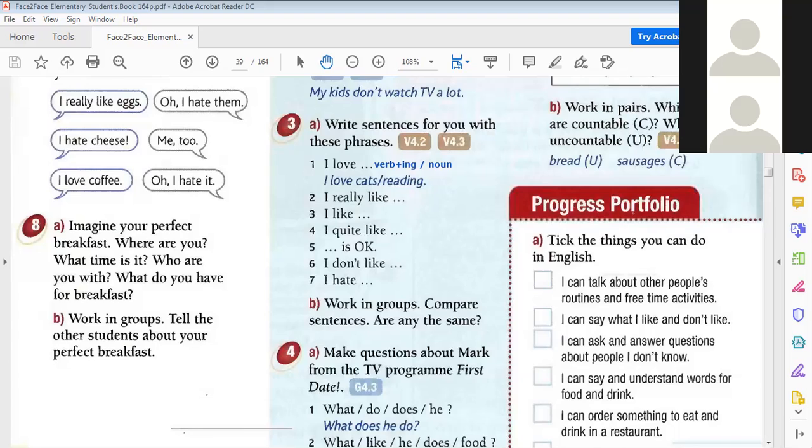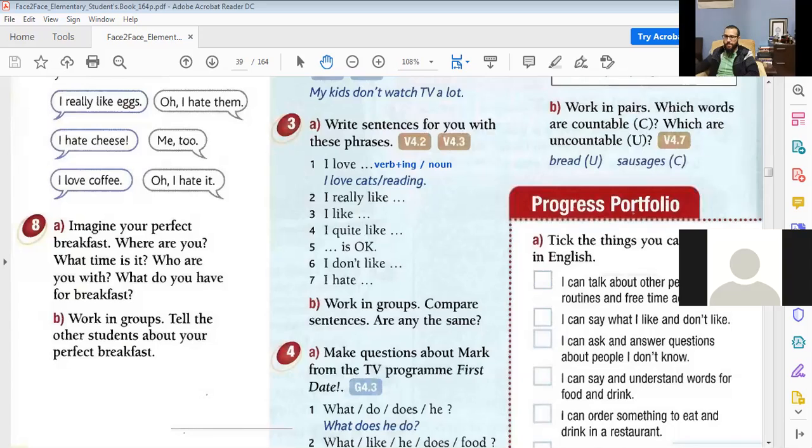Watching sport on TV is okay. I don't like Chinese food. And I hate watching films on TV.